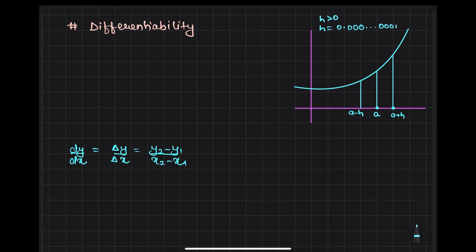If you recall this, you have connected it with slope, and with tan theta. You have to connect this with f dash x.